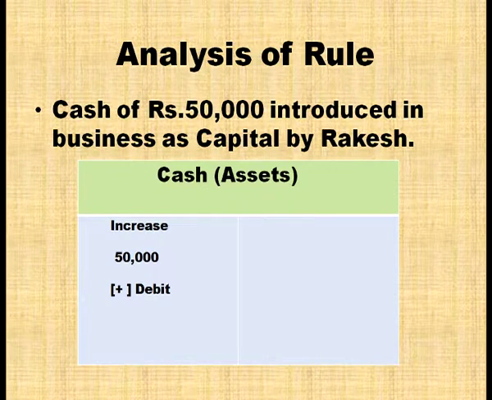Rakesh's capital account is credited. And cash account is debited in this transaction. Why are we debiting cash account? Because of the rule for asset. Cash is an asset and rule for asset account, asset when increased it is debited. So, cash account debited and capital account credited.